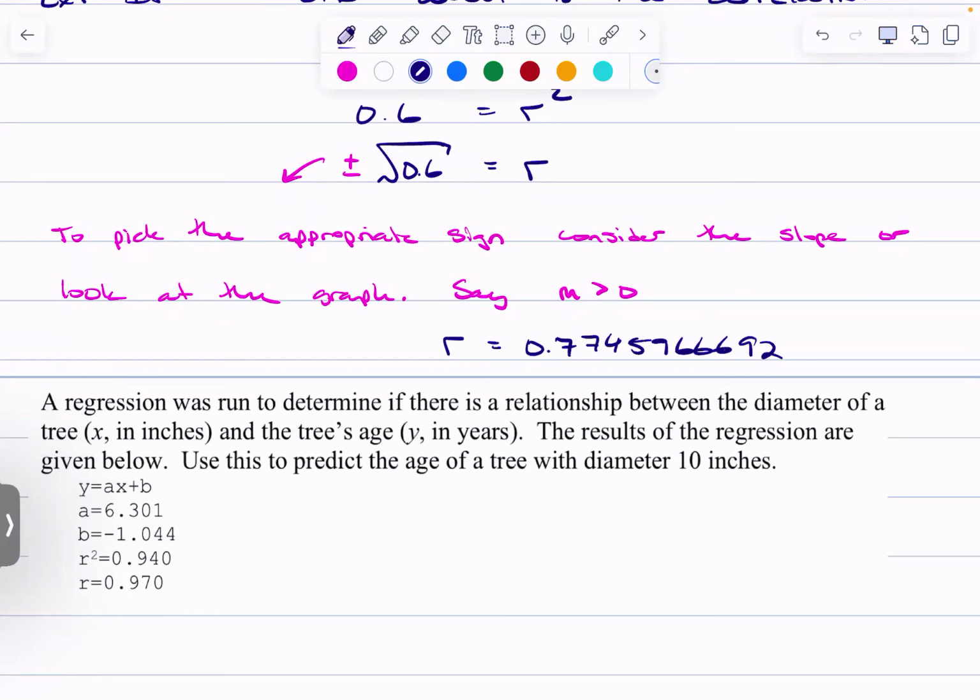Anything past 0.5, you'll start to see a pattern. 0.5 and 1, right? Starting to get strong. And so 0.77, halfway between that. So it's pretty strong. Okay.